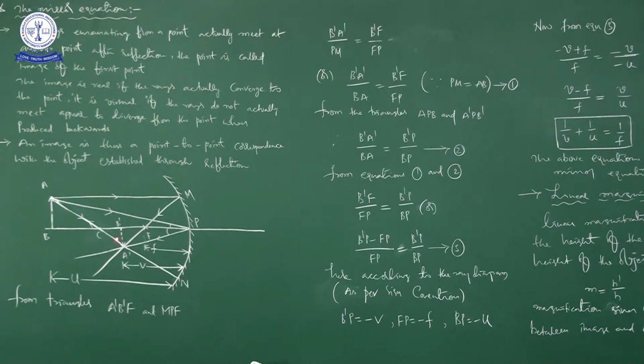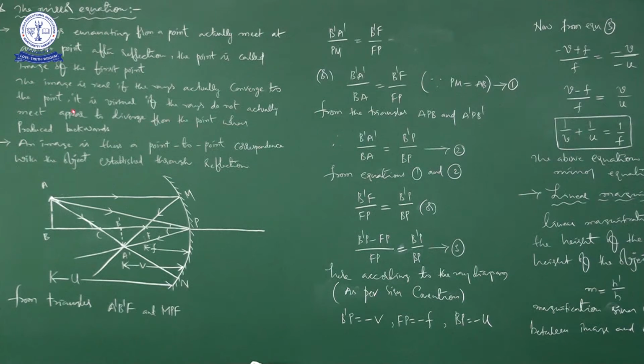Okay, right. Next, here itself we have to understand the picture. Before going to the picture, they have given some information, that also we will finish. See here. The image is real if the rays actually converge to the point. It is virtual if the rays do not actually meet but appear to diverge.